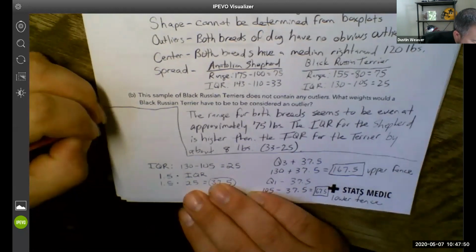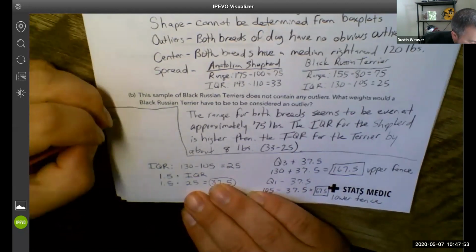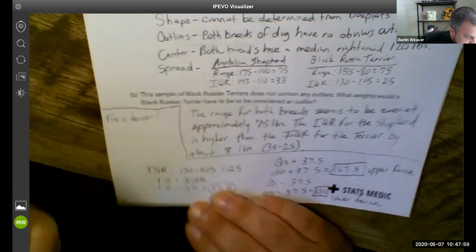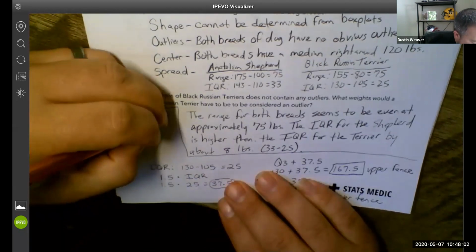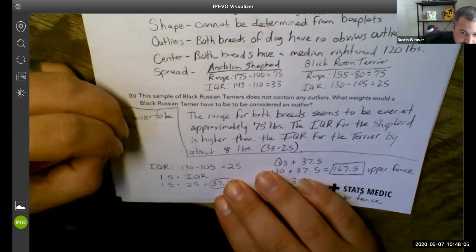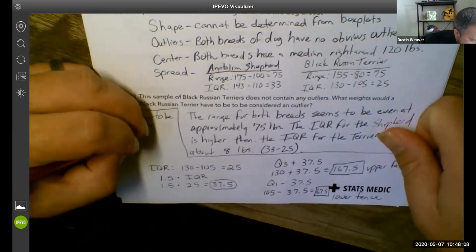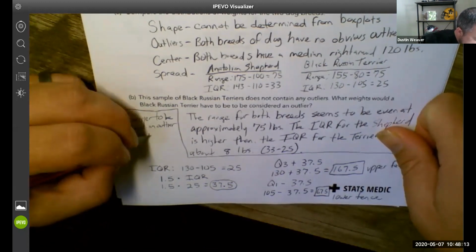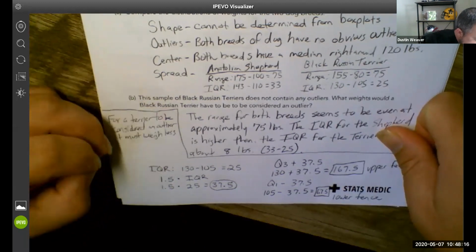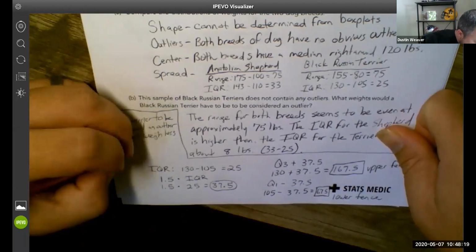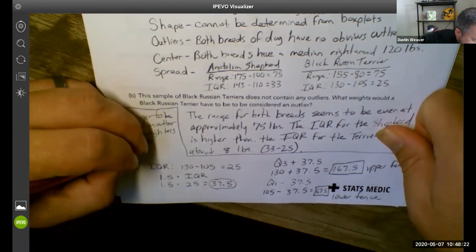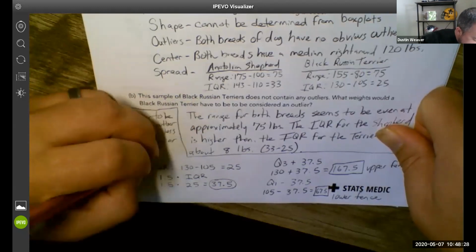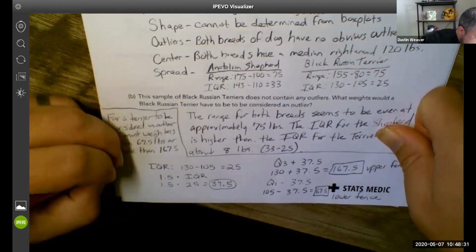So for a terrier to be considered an outlier, it must weigh less than 67.5 pounds or more than 167.5 pounds.